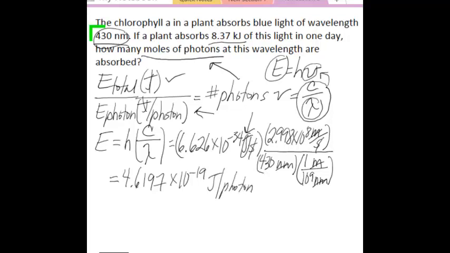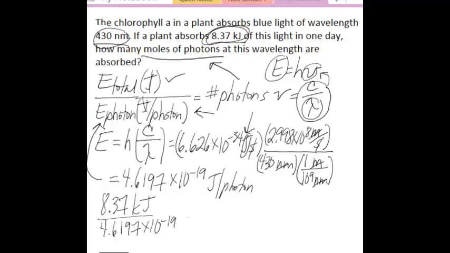So now what we need to do is plug this number into the denominator here and divide it into 8.37 kilojoules, which is what we're given. So we're going to take 8.37 kilojoules and divide it by this 4.6197 times 10 to the negative 19 joules per photon.